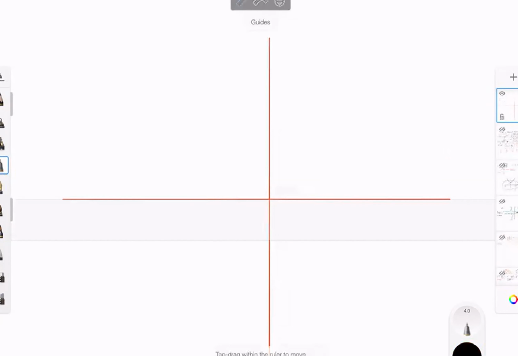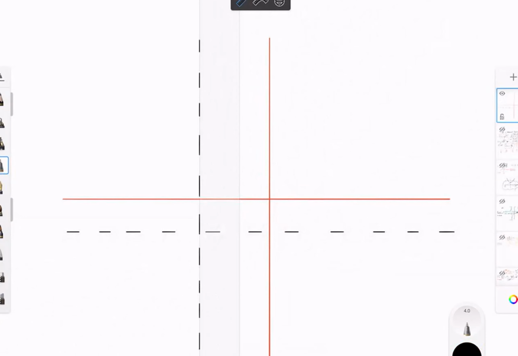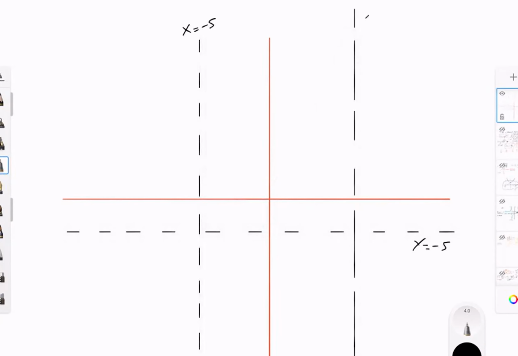So we have -5. So y equal to -5, horizontal asymptote. We have x equal to -5, vertical asymptote, and x equal to 10, another vertical asymptote.